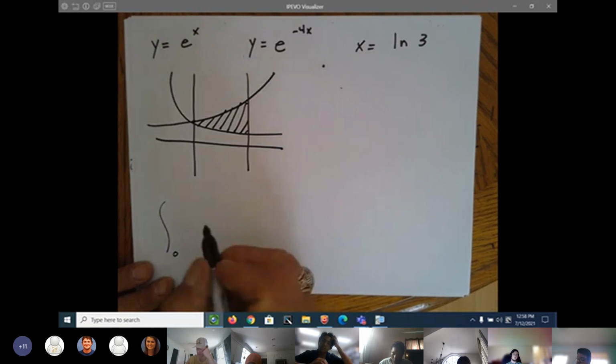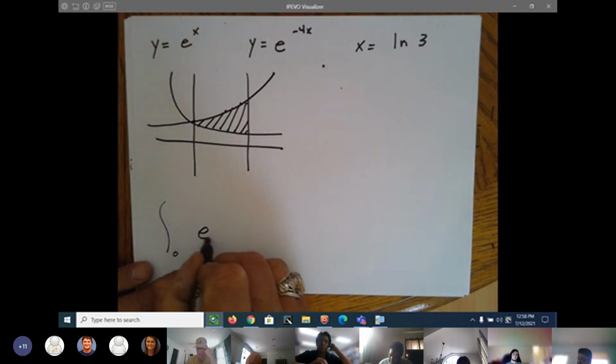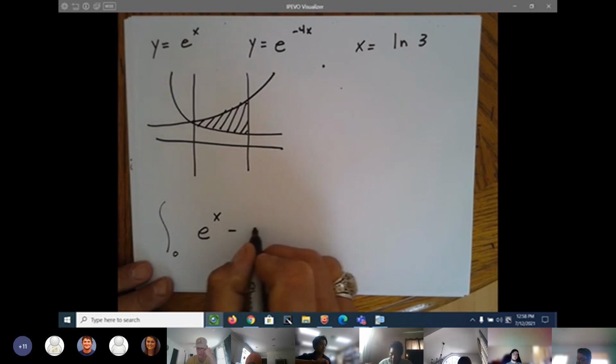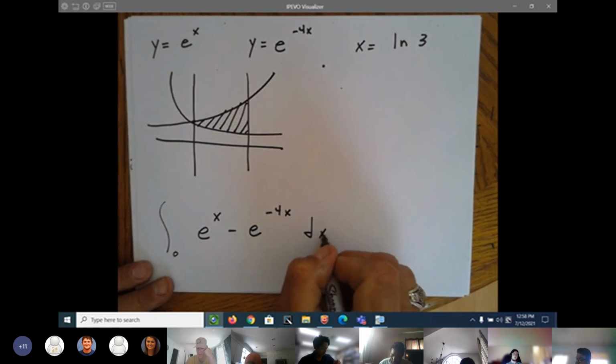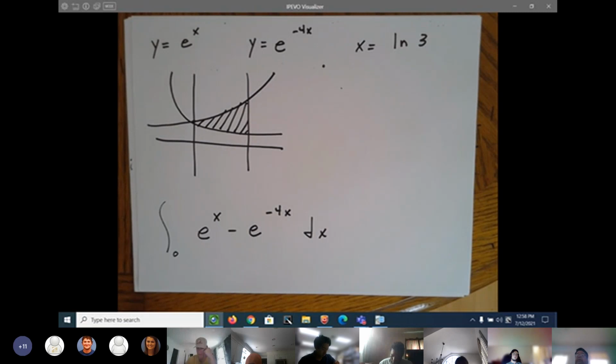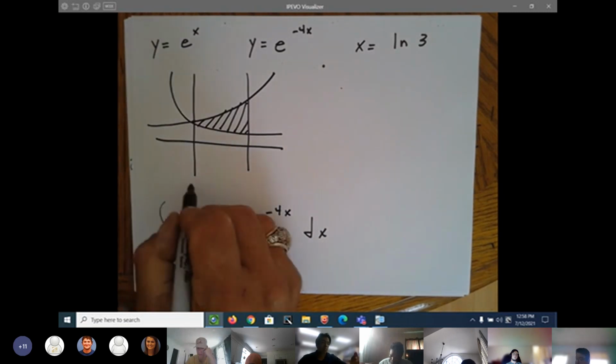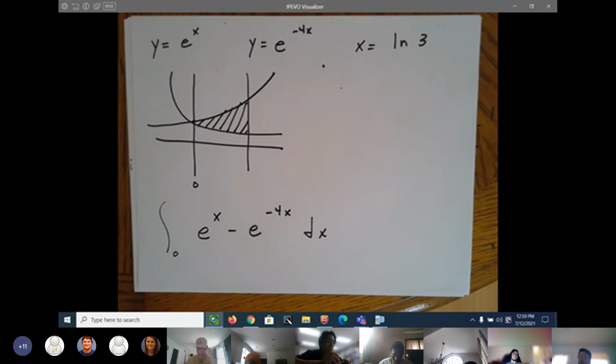Well, let me do this. e to the x minus e to the negative 4x dx. Look at your graph. What are you going to? This is 0. 0 to what? Okay, let me try to help y'all out here, because evidently y'all are not seeing it.